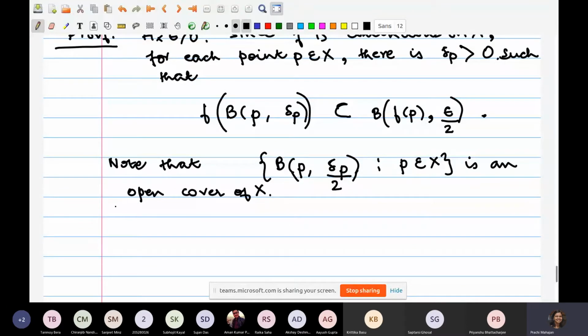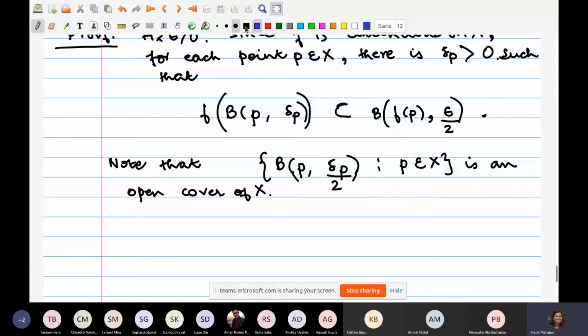Should we take delta P by 2 in the first equation also? It doesn't matter. Even if it's not delta P by 2, all I'm trying to say is, look at this picture here.